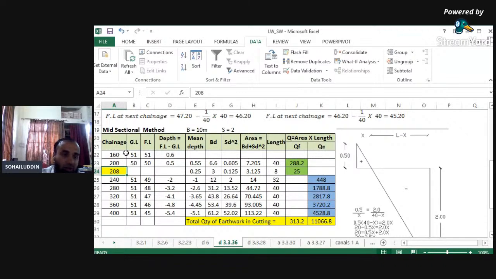While writing down this 160, after that 160 we leave one line so that in that line we can have the change in changes from positive to negative or negative to positive, depending upon where it will become so. Leave one line so that there will not be any confusion regarding the various changes. So there it is 160, 200, 240, 280, 320, 360 and 400.